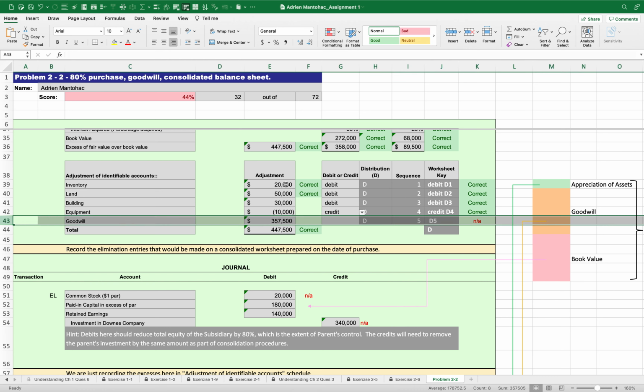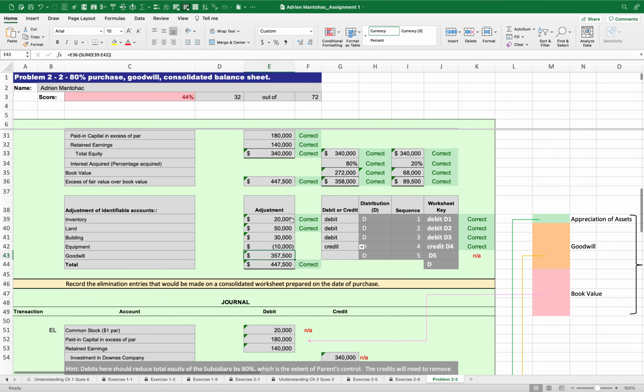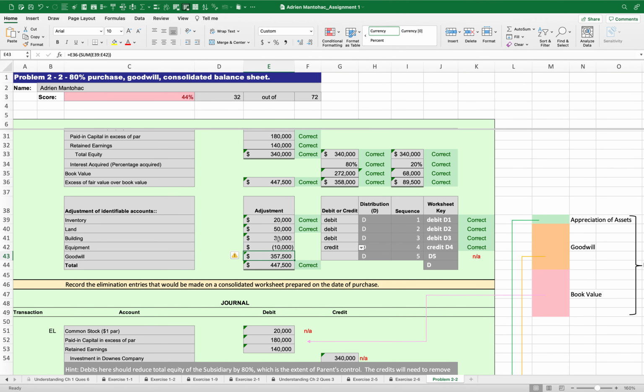So all I did was add up all of this, subtract it from this amount, and now I know that goodwill is 357,500 paid in totality for this company over and above appreciations in assets, right?